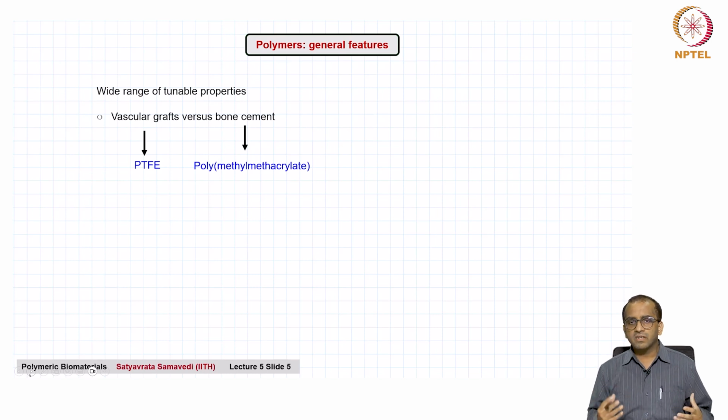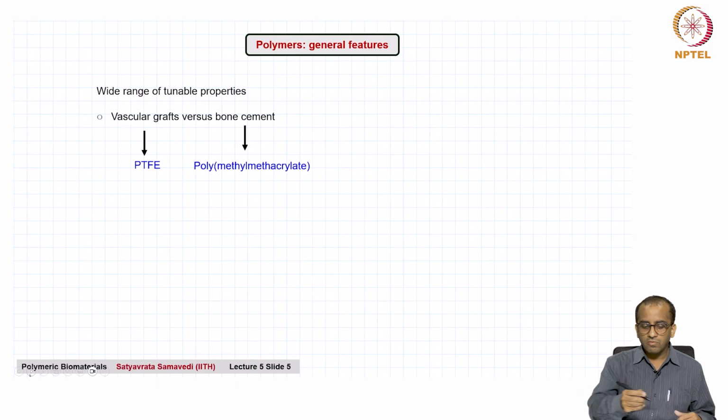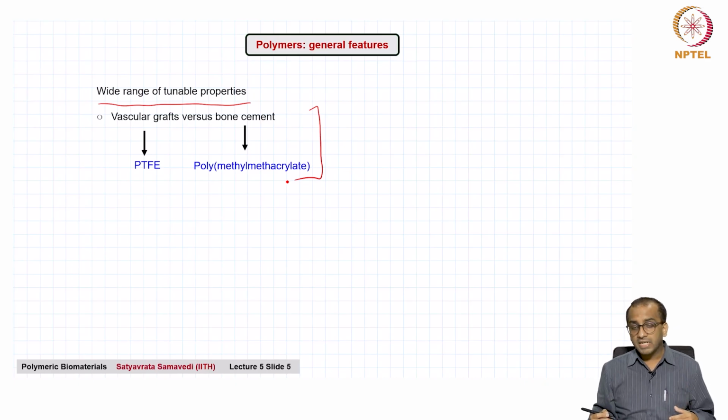Now, obviously it is very unlikely that one material can have all these features, but what is important to note is polymers represent a class of materials that come with a very wide range of properties that can be tuned. So, just as an example, you are looking at PTFE based vascular grafts here, and then bone cement for which polymethyl methacrylate is used.